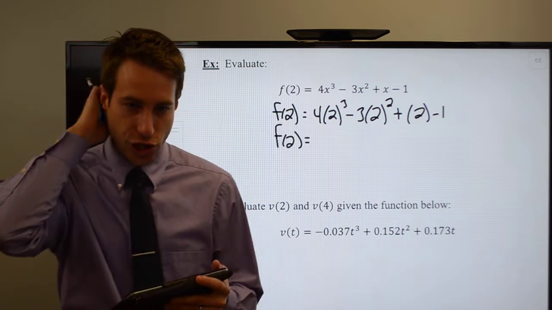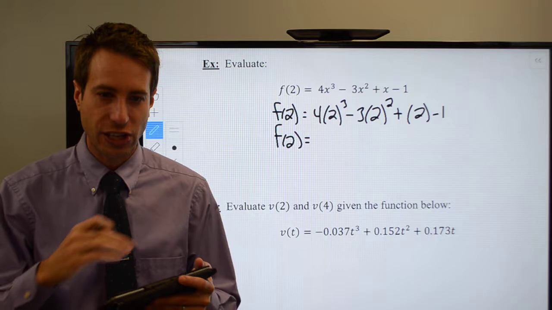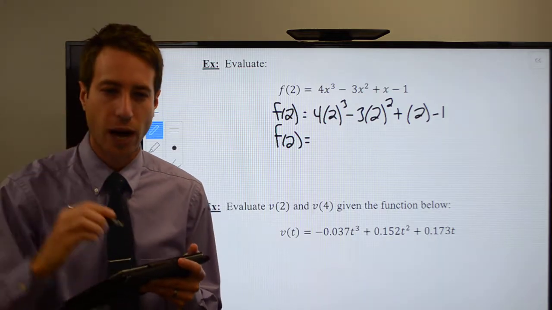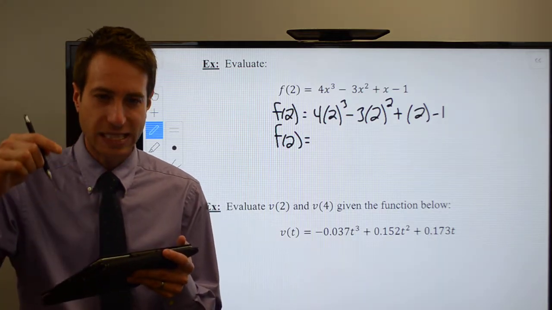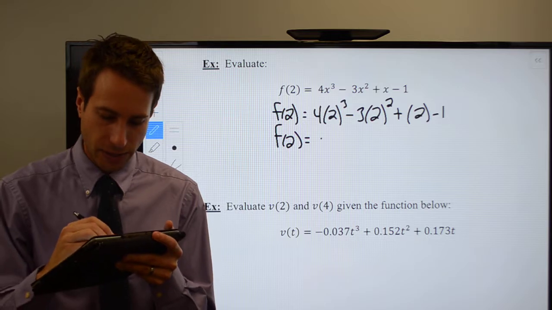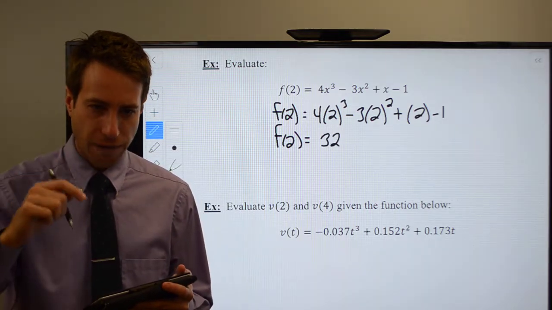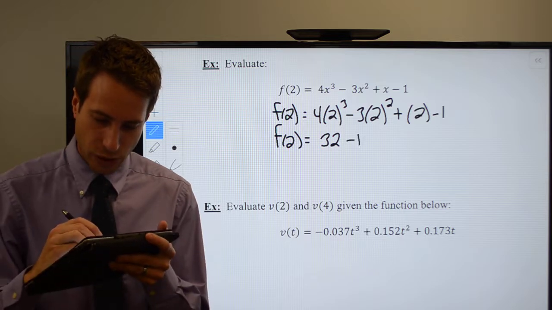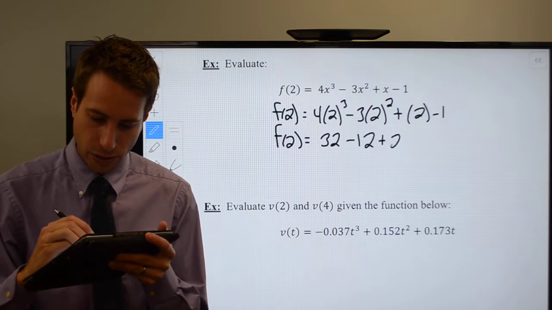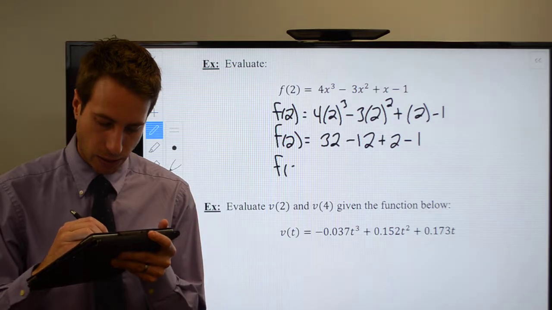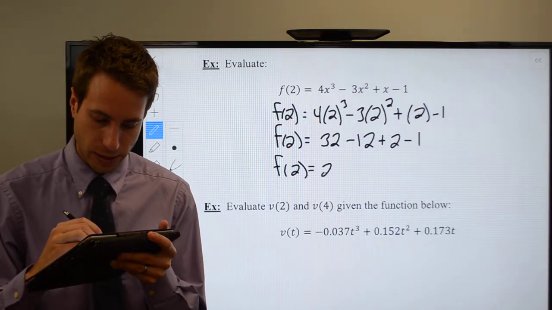Again, you can plug and chug, don't fat finger something on your calculator. Well, actually, I'll do it for you. 2 cubed is 8, and 8 times 4 is going to be 32. 2 squared is 4, and 4 times the negative 3, so that'd be a minus 12, and then I got a plus 2 and a minus 1, and so all of this comes out to 21.